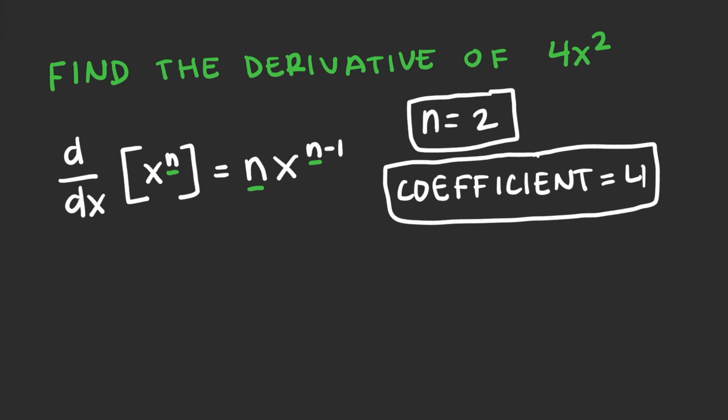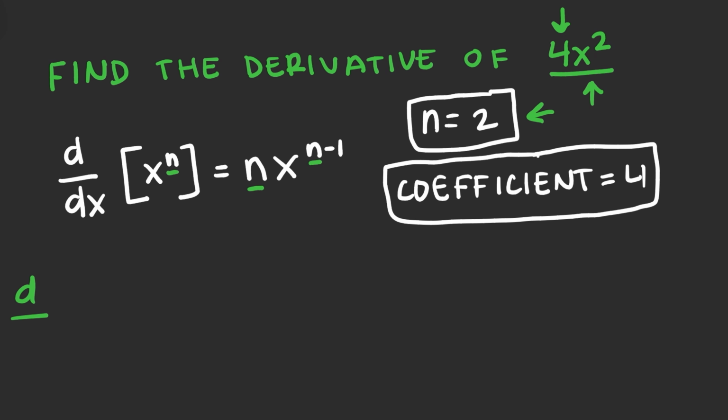We'll work through one more example here. Let's try to find the derivative of 4x squared. So again, the n is just the power that our variable is raised to, which in this case is 2. And our coefficient is 4.